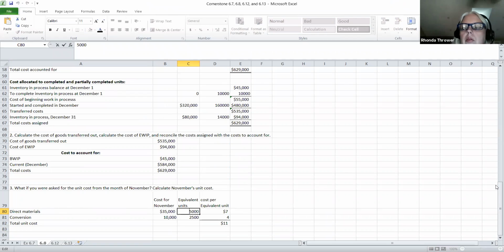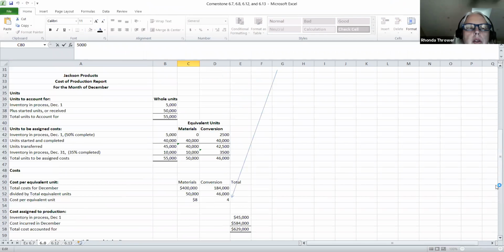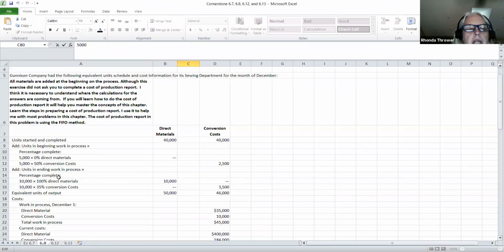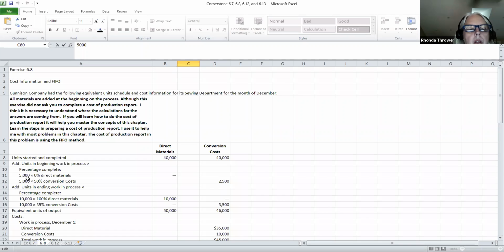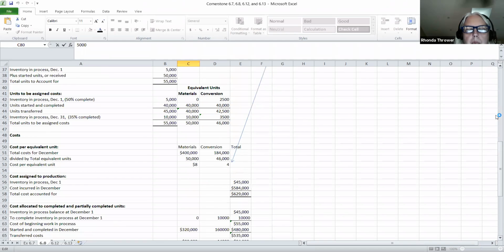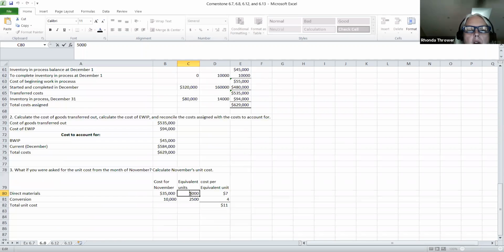So last month, your ending inventory became the beginning inventory. And we had 5,000 units there. And because 100% of the materials were added last month, all 5,000 units are beginning inventory units.